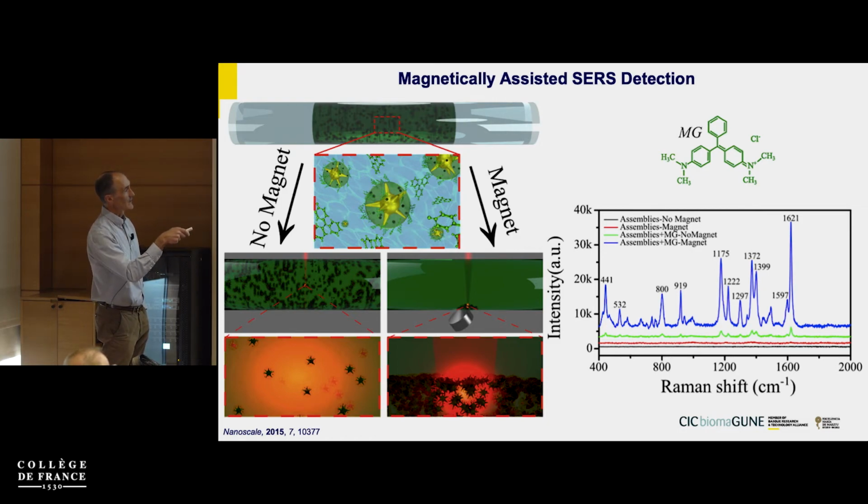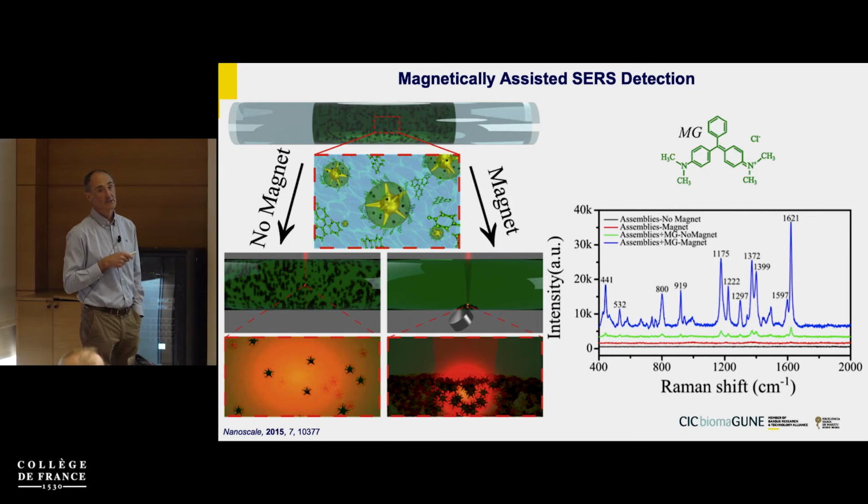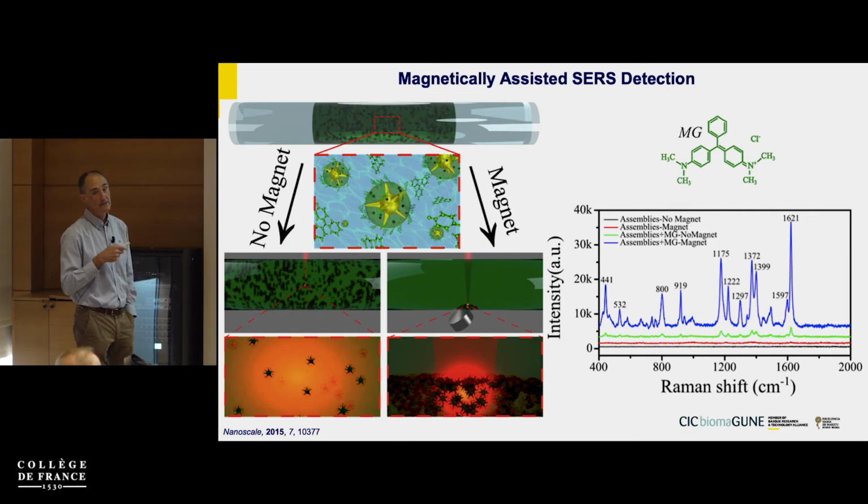When we introduce the malachite green, because of electrostatic interaction, it's absorbing on the particles that are negatively charged. And then we obtain already some signal, which would be good enough to detect this concentration. But now with the magnet, we obtain a much larger intensity, meaning that we can lower dramatically the sensitivity of the measurement. Okay.